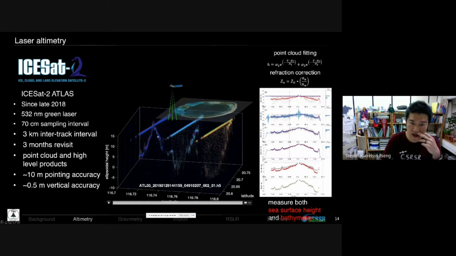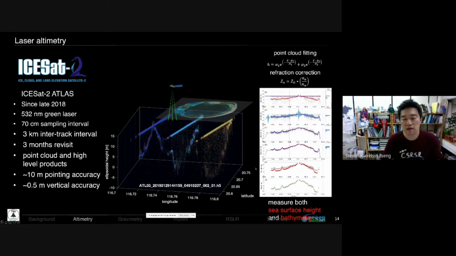So we can estimate the sea level along 6 ground tracks. When we remove this ocean surface, we can have a very good ocean bottom. This is bathymetry. In our analysis, the accuracy of the water depth measurement is about, I would say, 1 to 1.5 meters, all the way down to 15 to 20 meters depth.